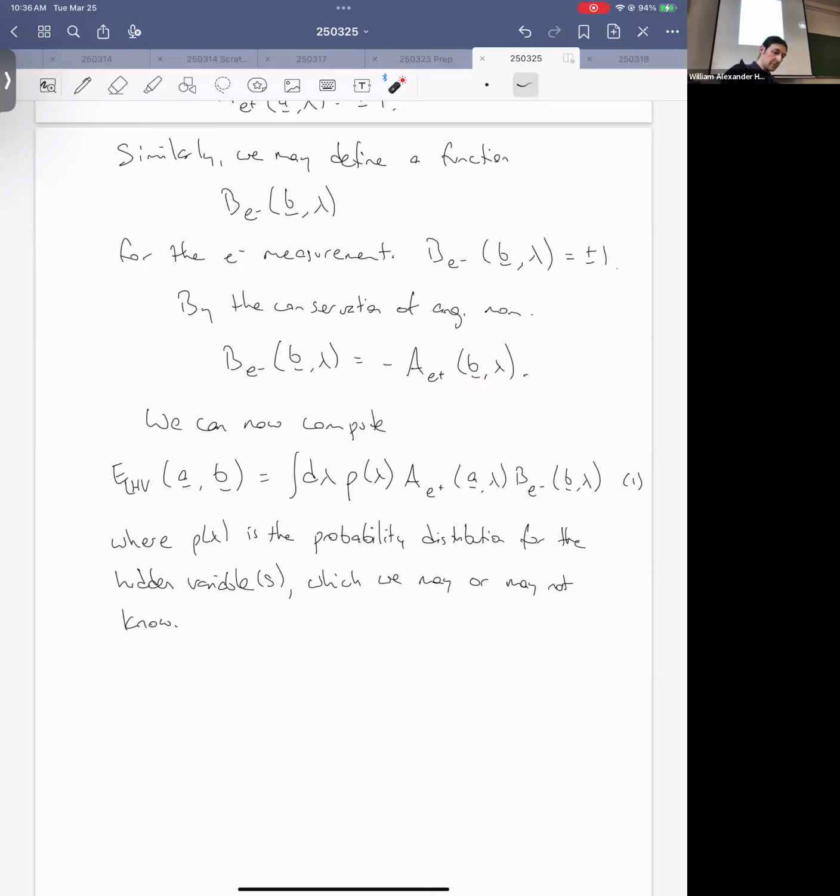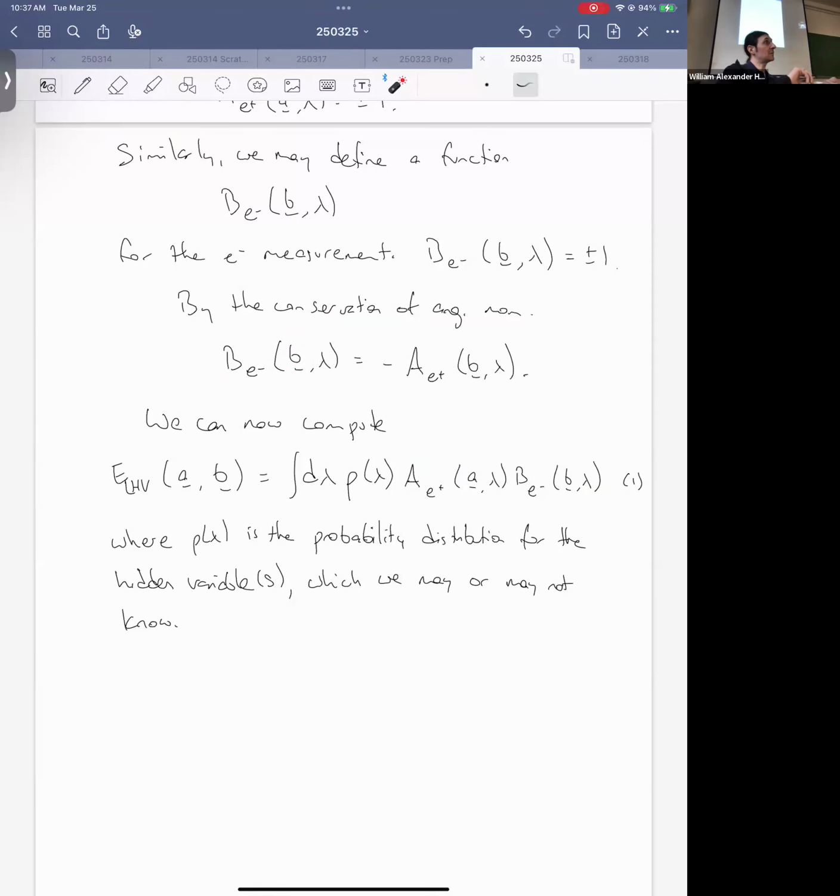So in general, the result of the measurement for the E plus will depend upon the direction that's chosen. We can choose the direction to be represented by the letter A vector, but I could also ask the question, what happens if I put the B vector in for that argument? And necessarily, if I put the B vector in for that argument, then the value of this function A is necessarily the opposite of the value of the B function when the B function is evaluated for the B vector.